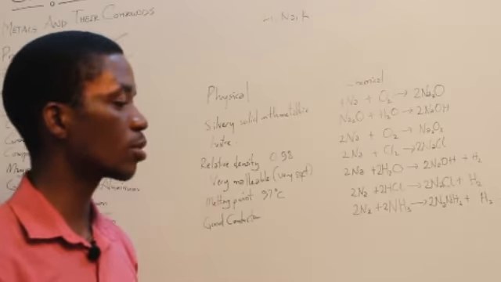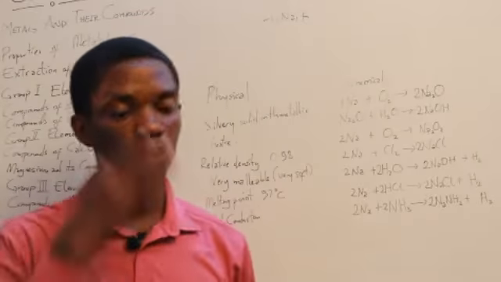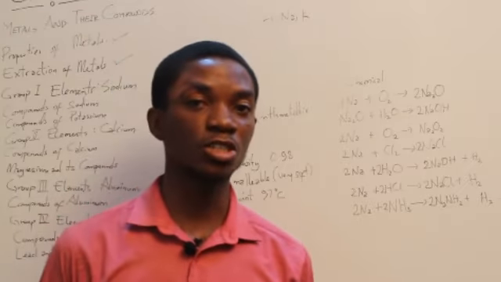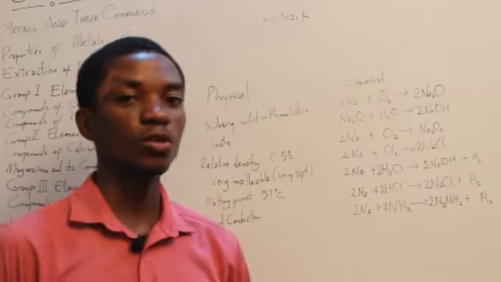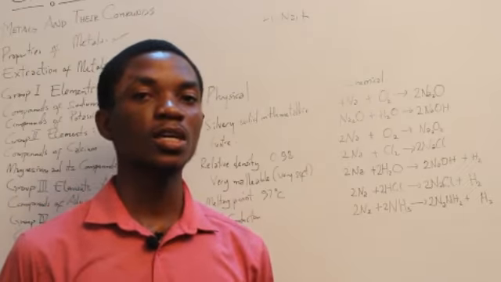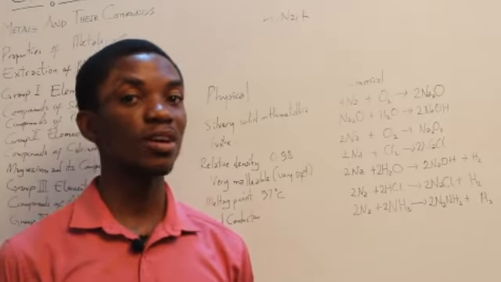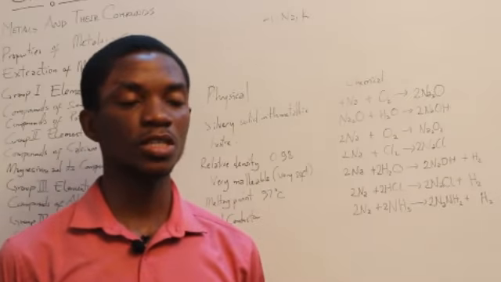Also, we use it as a coolant for nuclear reactors because nuclear reactors radiate a lot of heat energy. So the sodium is used to control the energy, and it is also a very, very good reducing agent.